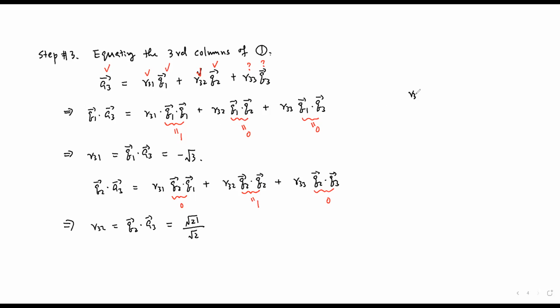Then R33 Q3 is equal to A3, I know it, minus R31, I know, Q1, I know, minus R32, I know, Q2, I know. Now, from this equation, take 2 norms on both sides. Because R33, I assume positive, so move R33 out.